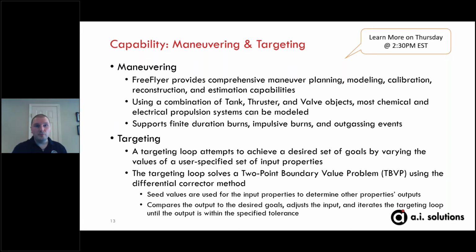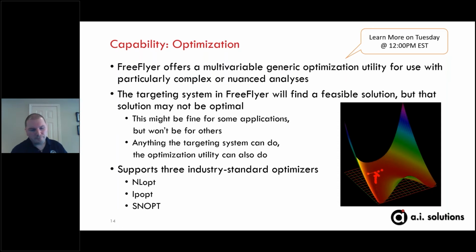Now let's jump into the more complex thing, optimization. So if you've been following the sales emails notifying you about new versions that come out, the savvy among you will realize that optimization is brand new to FreeFlyer as of the most recent release, FreeFlyer 7.6. So this multivariable generic optimization utility is for really complex and nuanced analyses. So say you have something that you want to get a real optimal solution for, and this happens all the time, right?